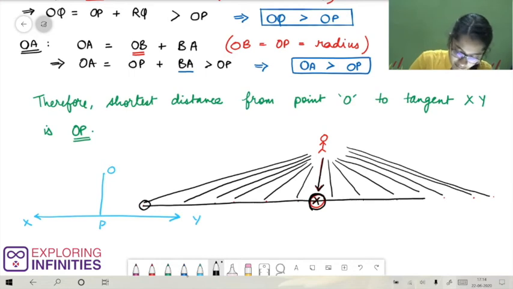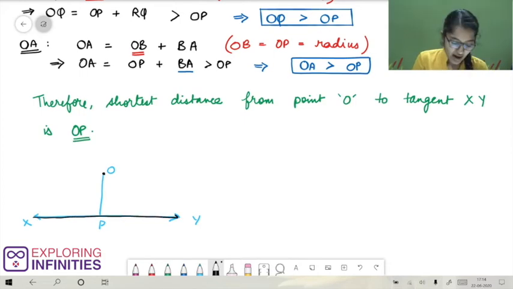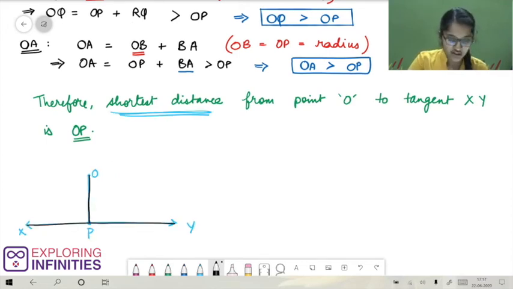Here we have to remember that all of these shops lie on the same straight line. Here we replace me by this point O and all of the shops by our tangent XY. How can we obtain the shortest distance from a point to a line? Normally we obtain this shortest distance by drawing a perpendicular from this point onto the line.